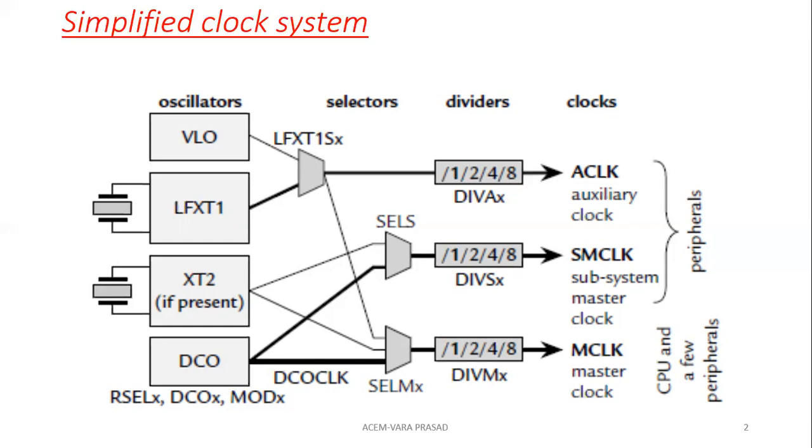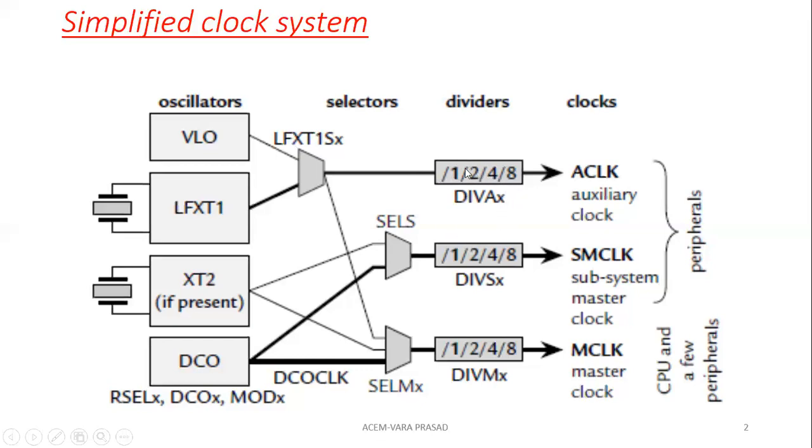Then these oscillators are selected by using selectors. We have three selectors: the LFXT selector, the one selecting the subsystem master clock, and the one selecting the master clock. And here we have dividers: divided by 1, divided by 2, divided by 4, divided by 8.